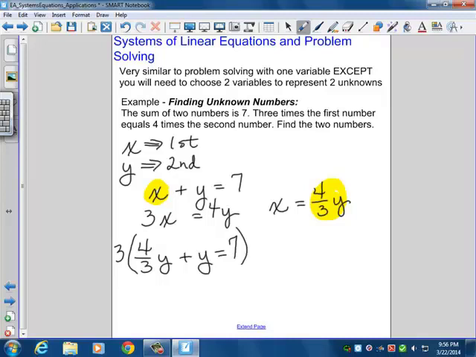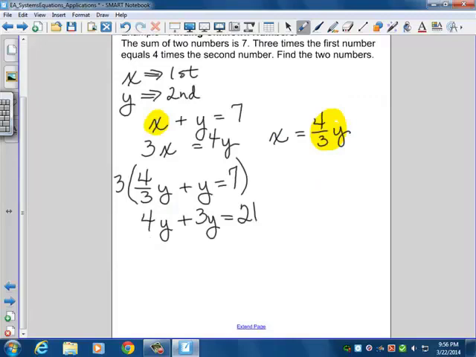So 3 times 4/3 y leaves me with 4y. 3 times y leaves me with 3y, and 3 times 7 is equal to 21. So now I have an equation that has no fractions. Woohoo!